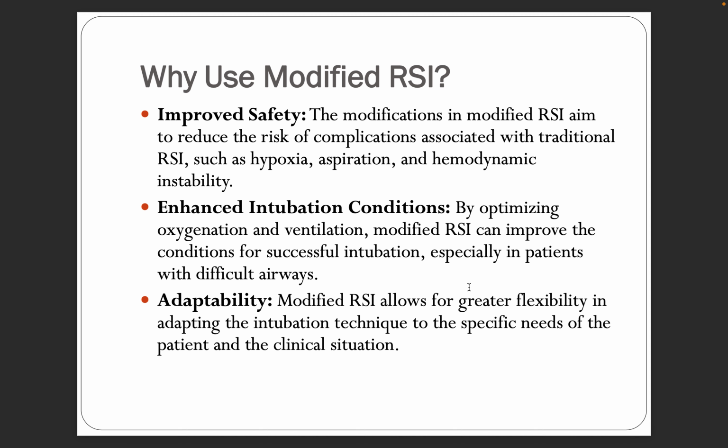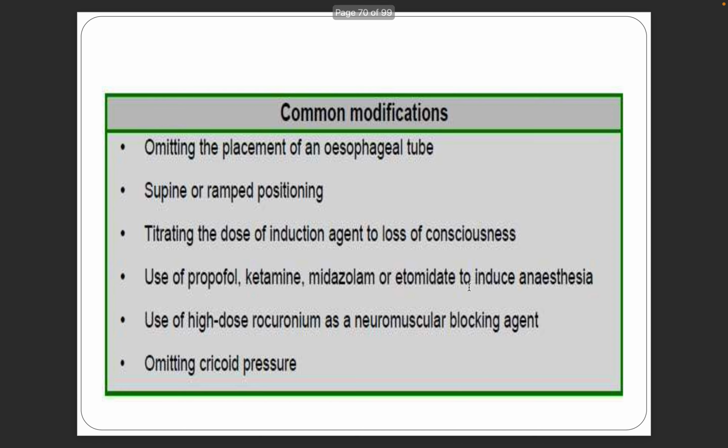By optimizing oxygenation and ventilation, modified RSI can improve the conditions for successful intubation, especially in patients with difficult airways. And adaptability. Modified RSI allows for greater flexibility in adapting the intubation technique to the specific needs of the patient and the clinical situations. So these are some of the advantages of modified RSI.